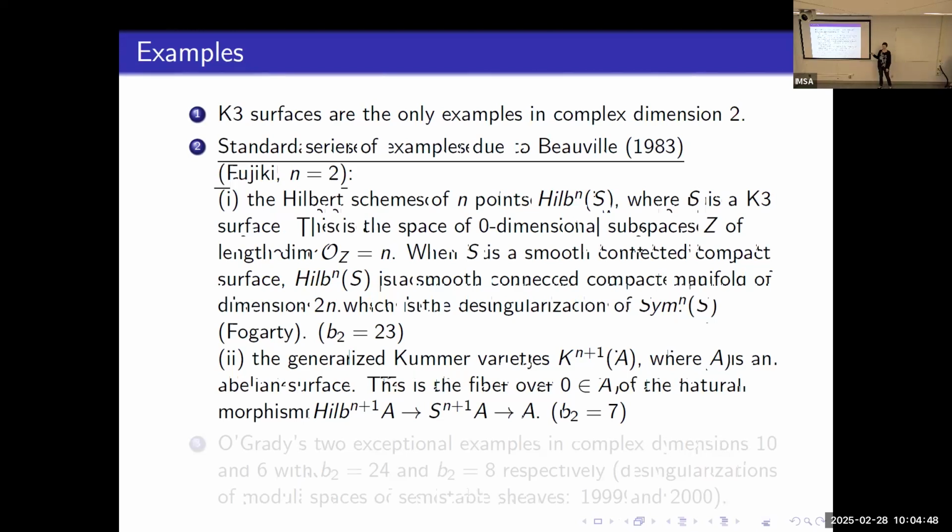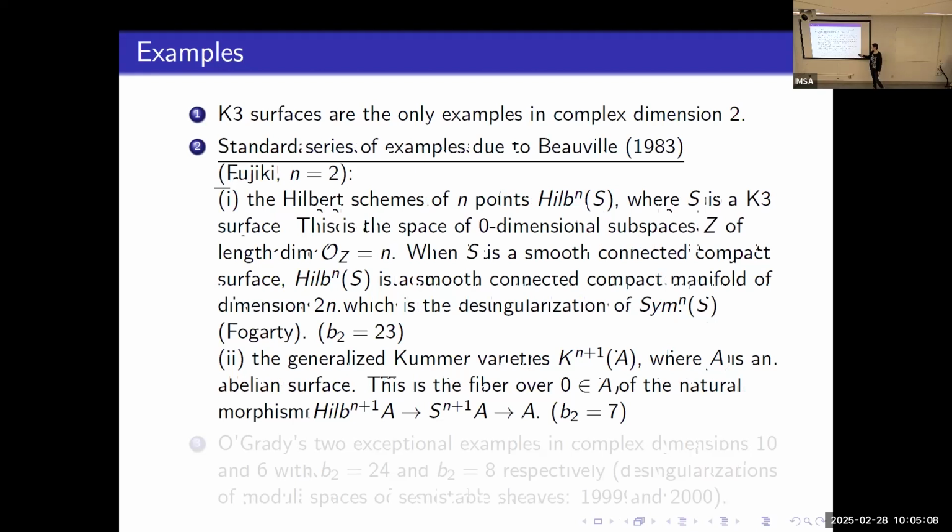In every possible complex dimension, now we have two examples of hyperkählers. You have the Hilbert schemes of points on a K3 surface, and we have these generalized Kummer varieties, which are fibers of a composite map.